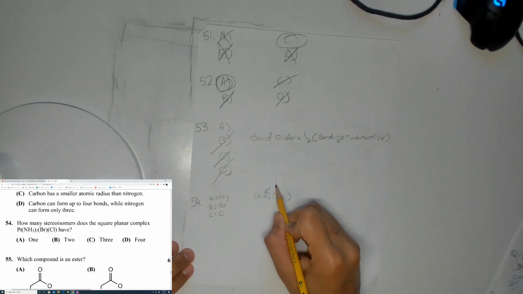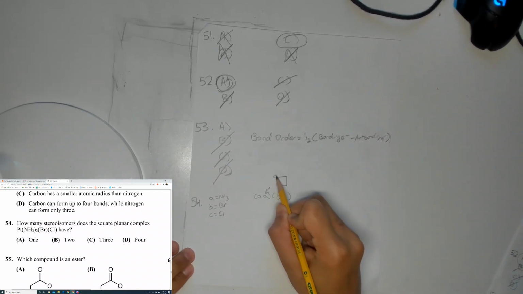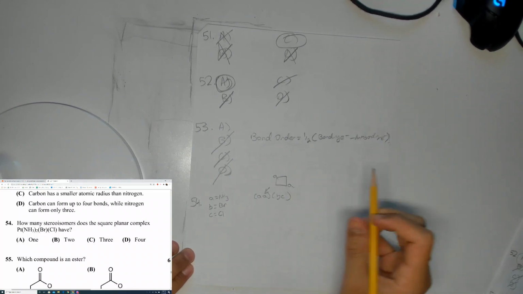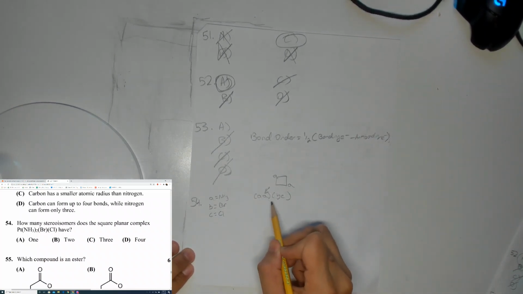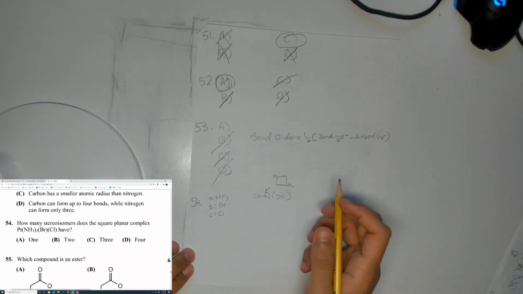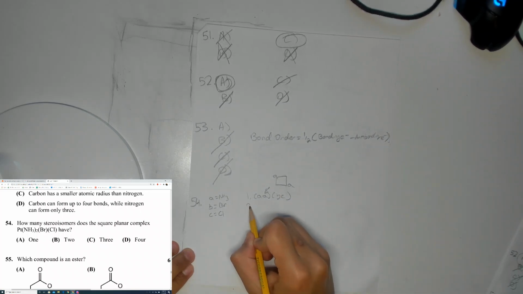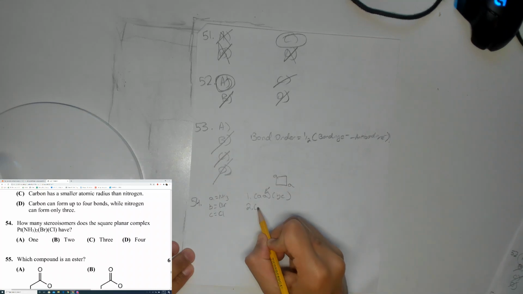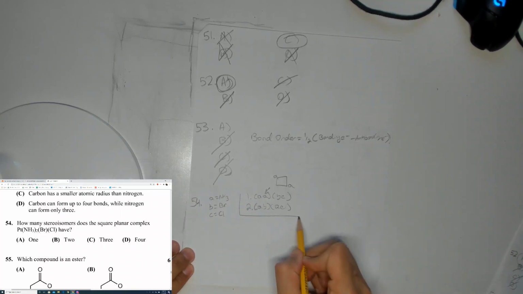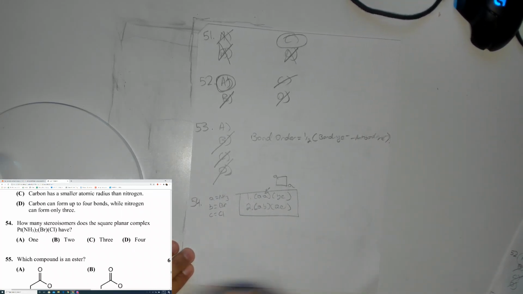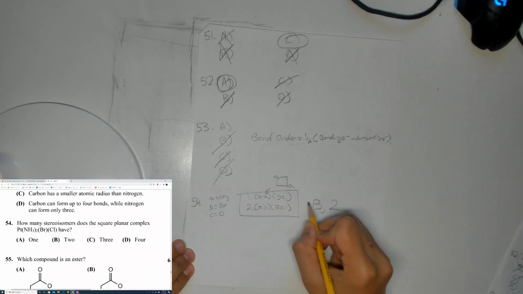So if you have a square, A is here and A is here. Now you're going to find as many combinations of these as you can. This is one combination, and another one is (A, B) and (A, C). Those are the only two combinations you can make with this scheme, and the answer is B, or 2.